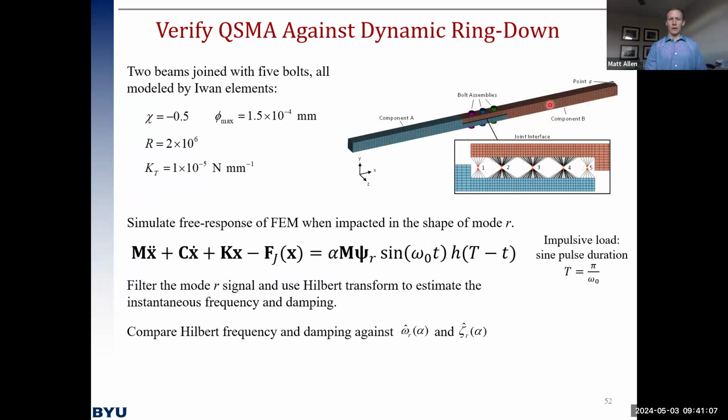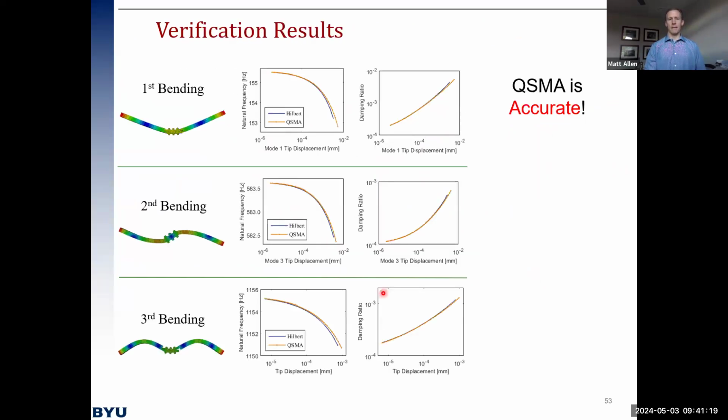And we'd done a Hurty-Craig-Bampton reduction on the 2 beams to make the model faster and easier to simulate, so that we could actually compare true dynamic time response data to this quasi-static analysis. So here are the results. The orange lines are what we would predict using QSMA, quasi-static modal analysis, so 1/4 cycle of vibration.